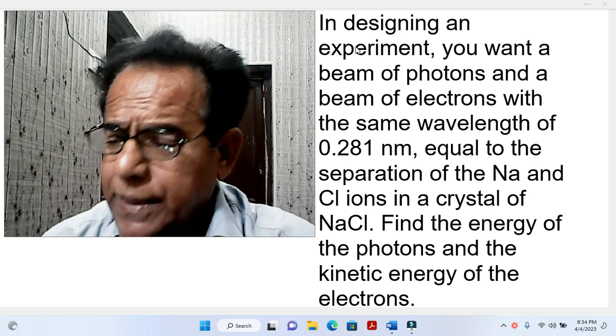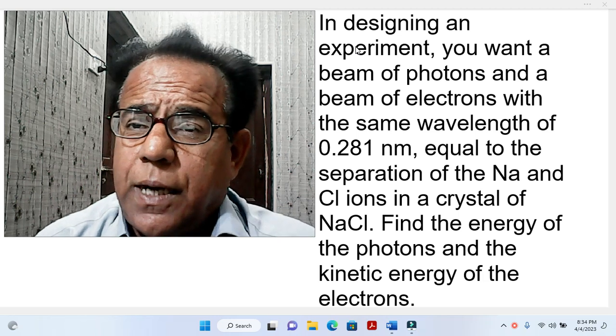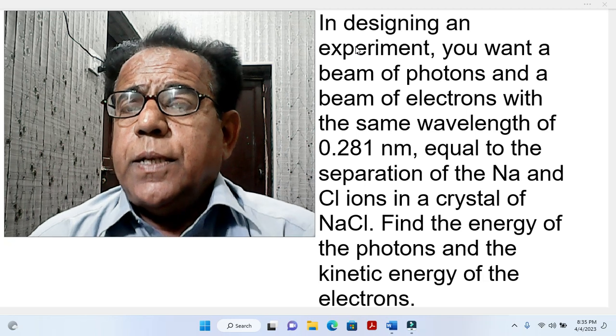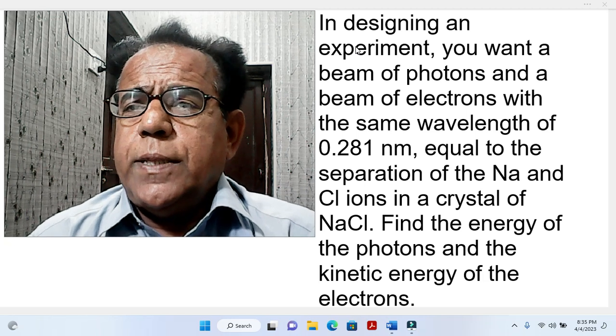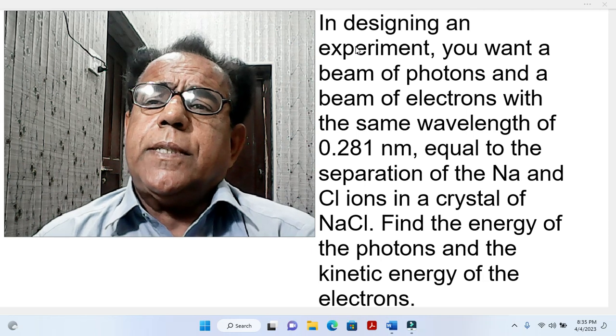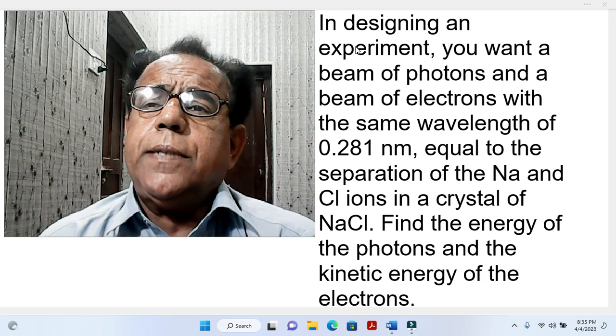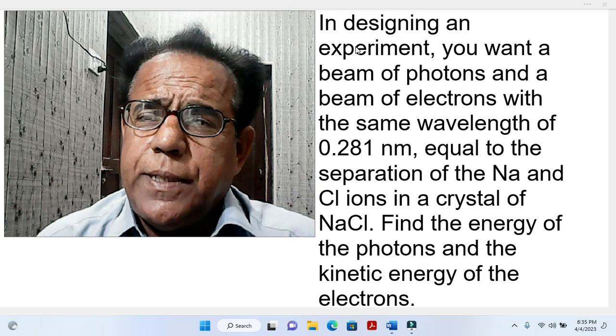Then we may start Modern Physics by Arthur Weiser. Then we may start Modern Physics by Paul A. Tipler. Then we may start Modern Physics by Randy Harris.